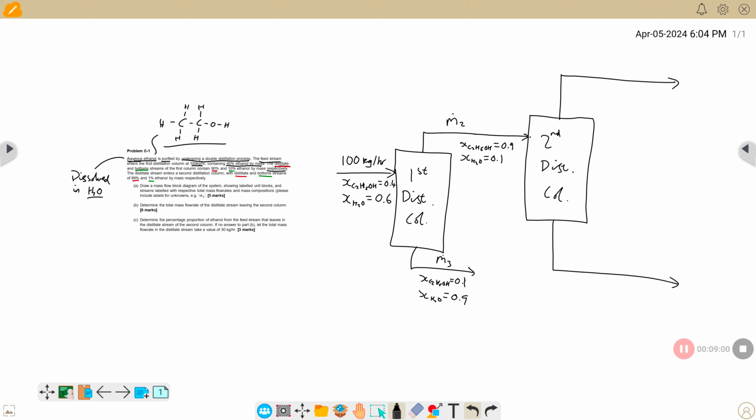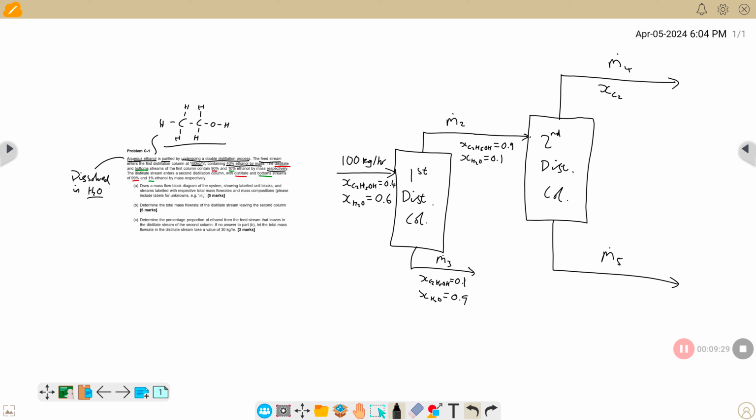The distillate stream enters a second distillation column, which is just M2 here, with distillate and bottom streams of 99% and 1% ethanol by mass respectively. So again, we're not given the mass flows of the distillate and bottom streams. So let's just label them M4, M5, and let's draw these mass compositions.